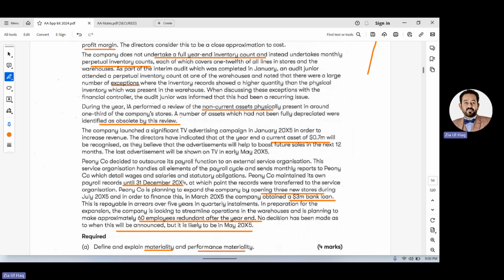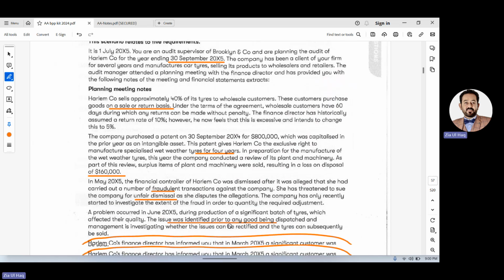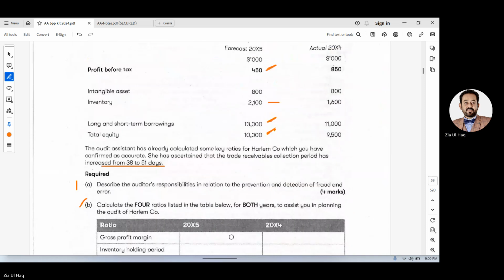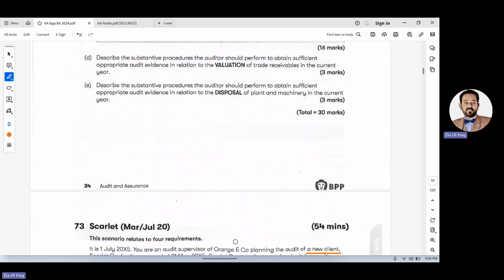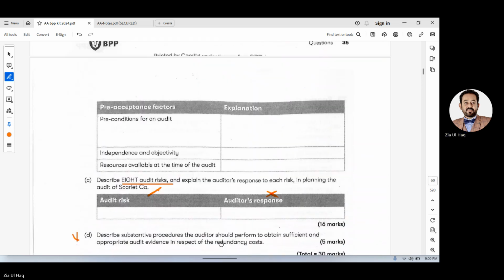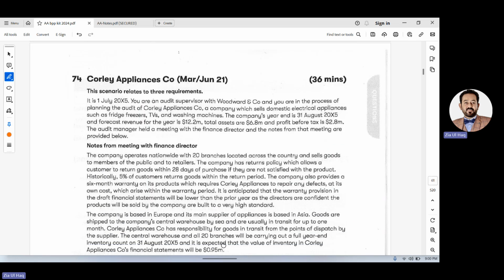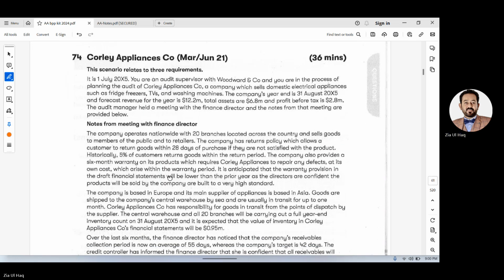I need answers to these 3 questions before the next class. Or I can give you 2 more questions for your homework as well. I need answers to 5 questions before the next class. Questions 71, 72, 73 we have covered in the class.